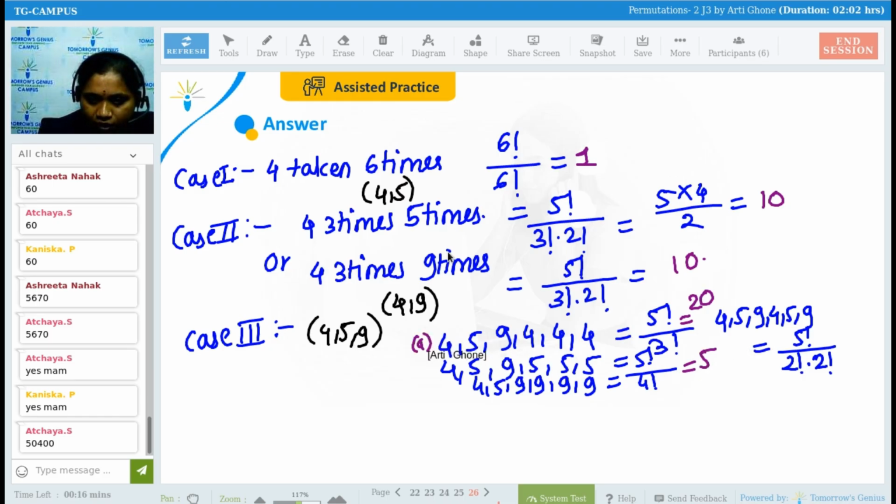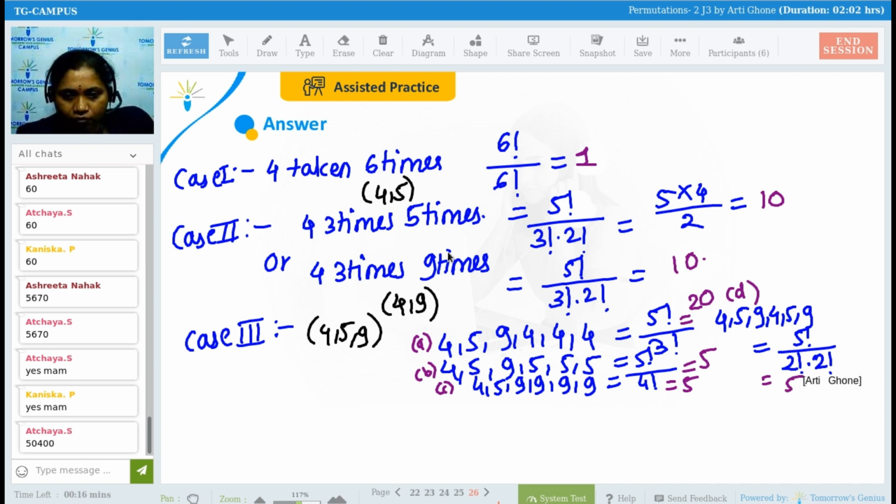This is case A, case B, case C. For case C we are also getting 5, and for case D we are getting 5 into 4, so 5. Clear? Okay. Now sum up all the cases, you will get the answer.